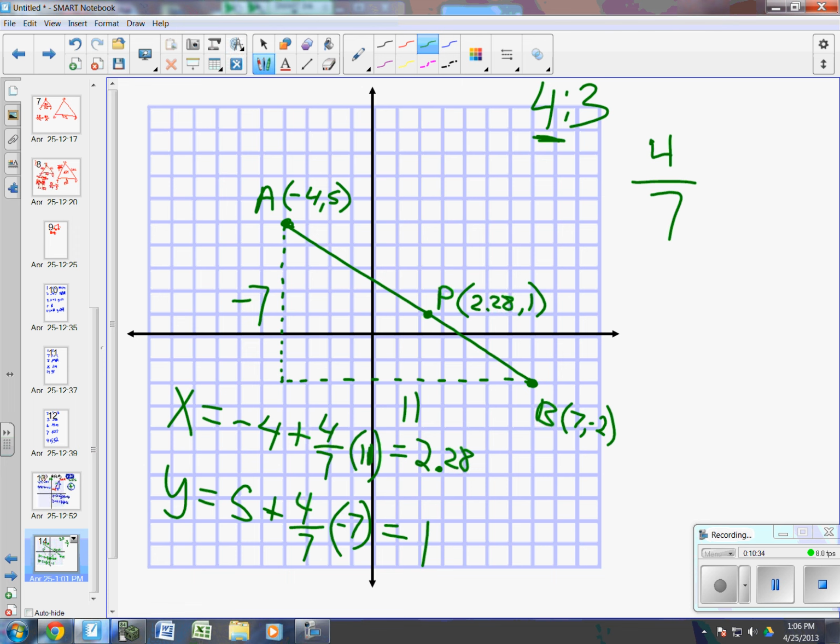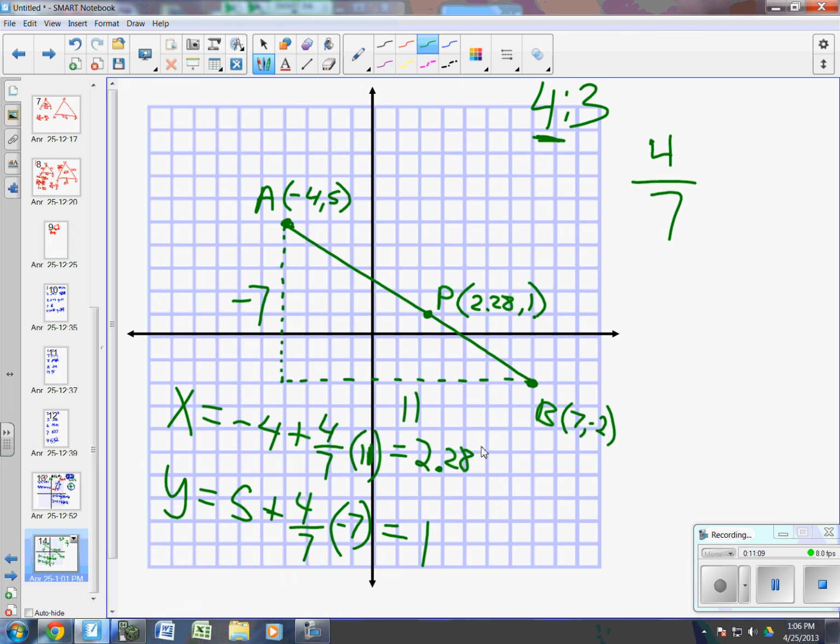If A is on the left and B is on the right, and it's going down, then you know it's going to be a negative slope, and the rise has to be a negative number, right? It's going down. If it's going up left to right, it's a positive slope. Now, if you're going backwards this way, from this point the rise would be positive and the run would be negative. So x would be a negative number. I would always check your point to see if it's going to be on the line somewhere.